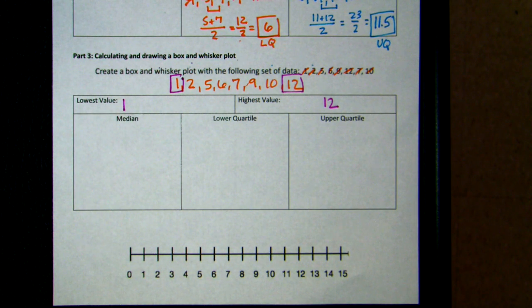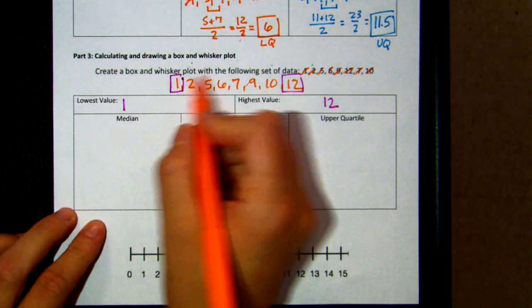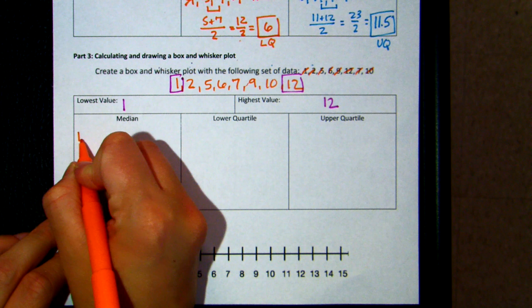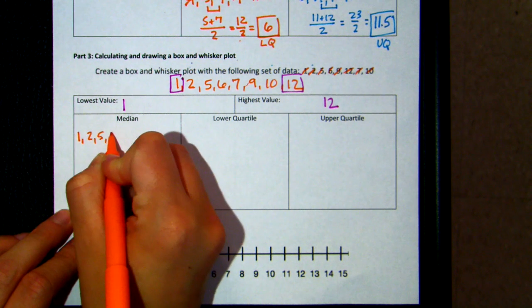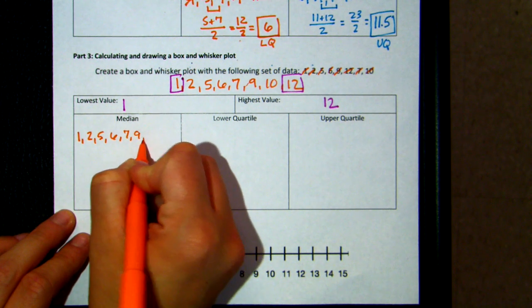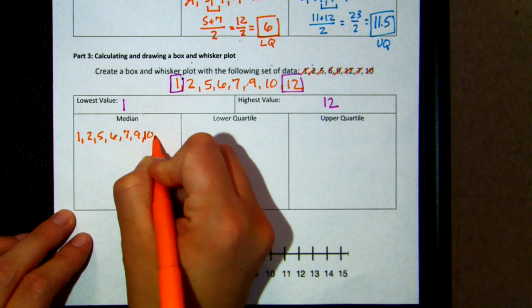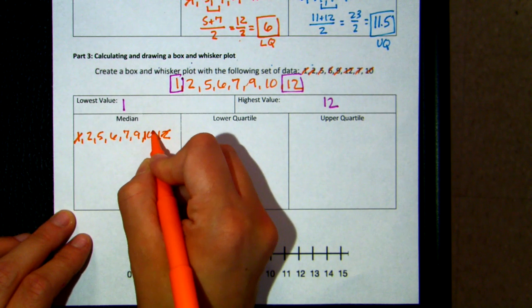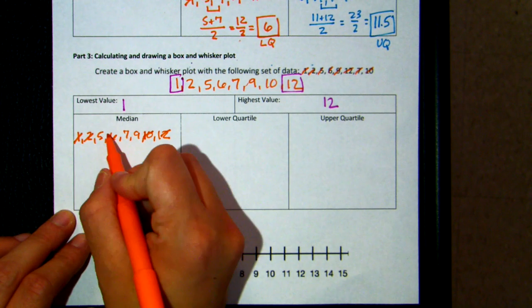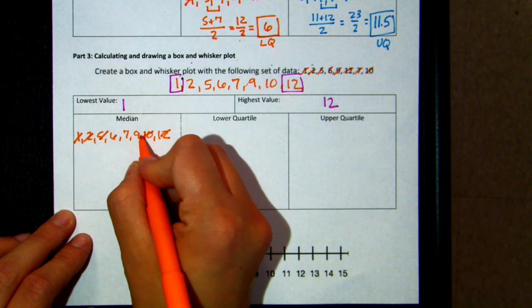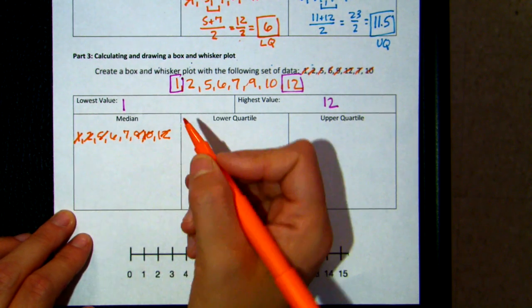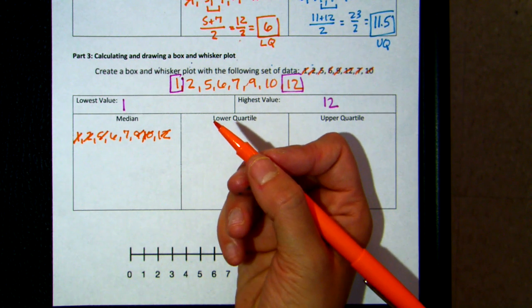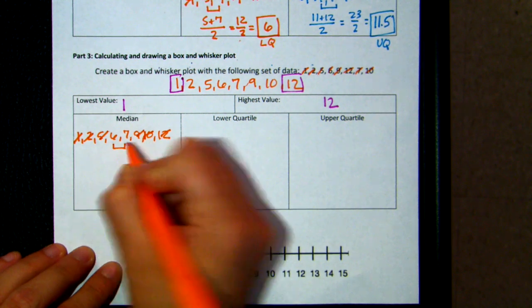Okay. Next thing I need to calculate is my median. Reminder that I just rewrite the data set here, and then I calculate the median by crossing off a number on each side. So starting with the 1, then the 12, cross off the 10, the 2, the 5, the 9, and I am left with 6 and 7 in the middle.